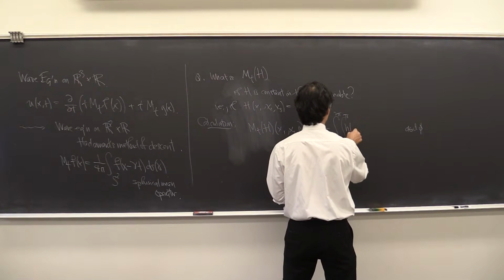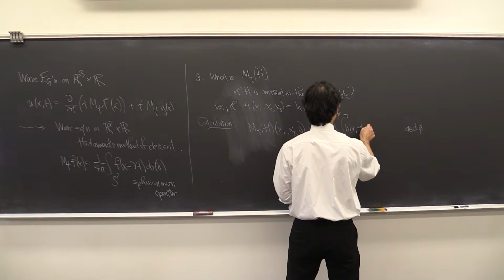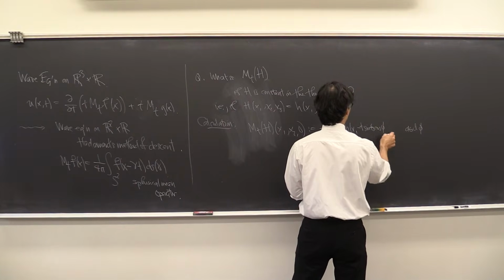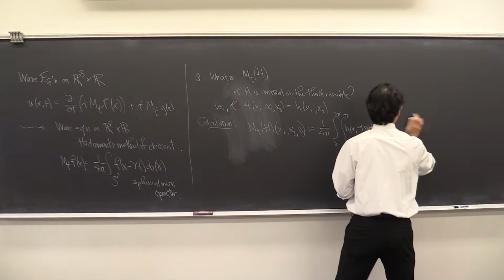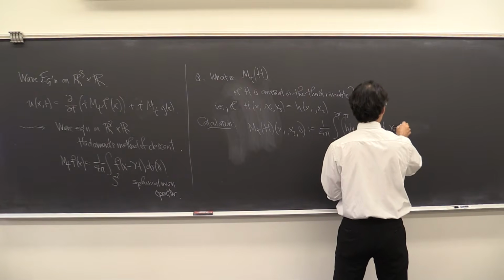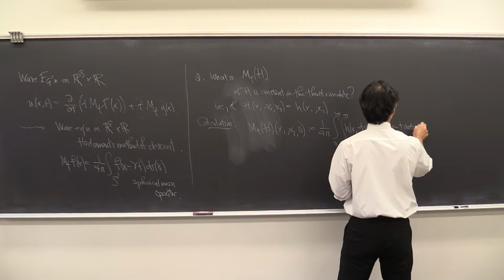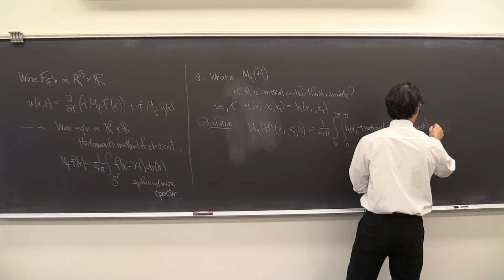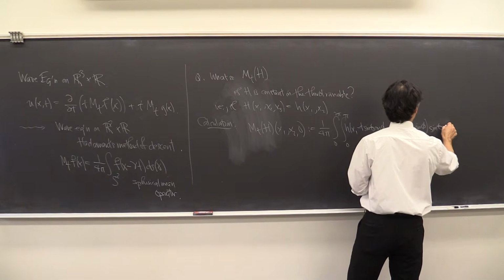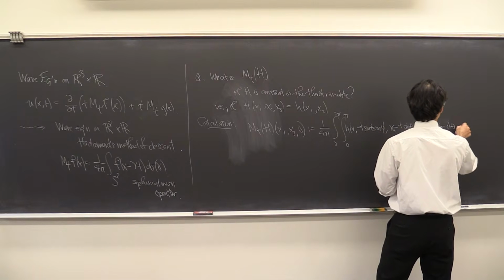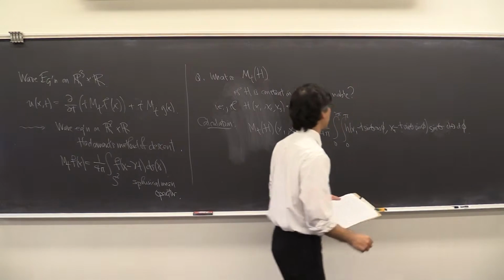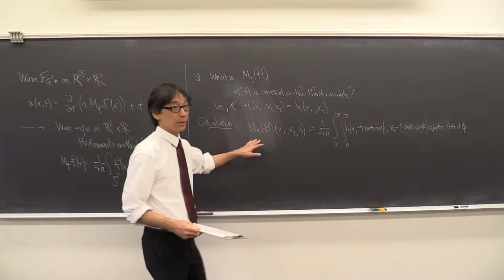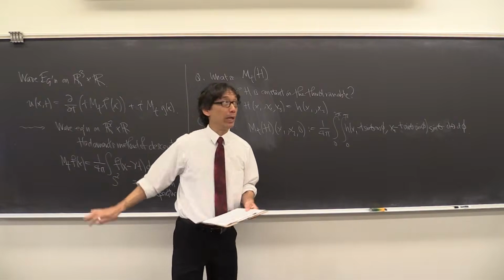It'll be h of (x1 minus t sine theta cosine phi, x2 minus t sine theta sine phi), and then we have a sine theta d theta d phi. Okay, so this is just the definition of that integral.